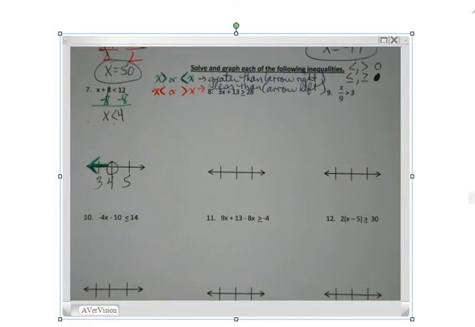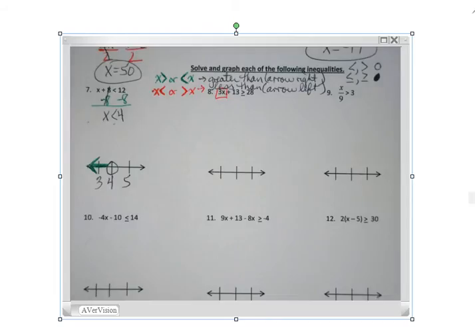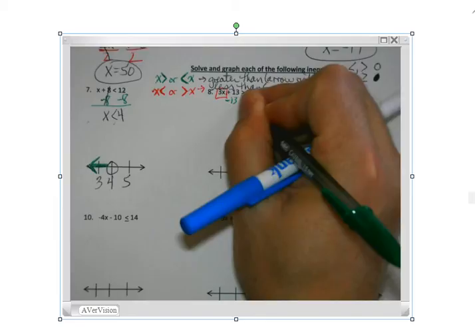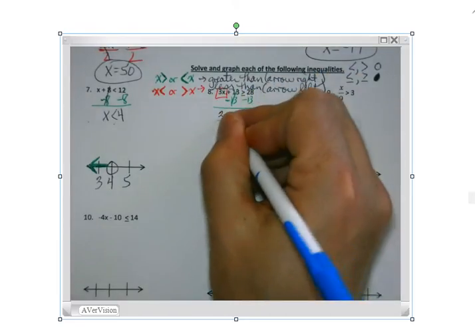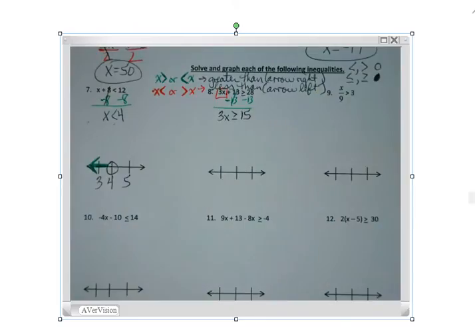Same idea is going on here with 8, but got a little work to do to get x alone this time. What's my first step going to be? Subtract that 13. One step to go.